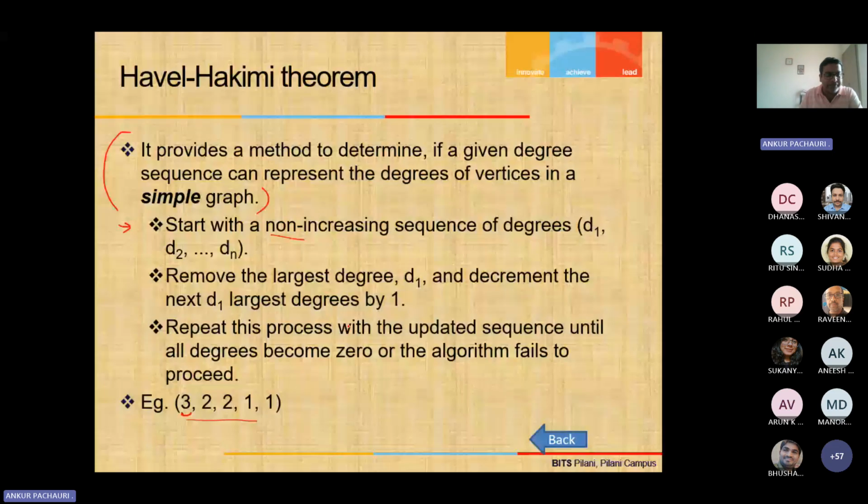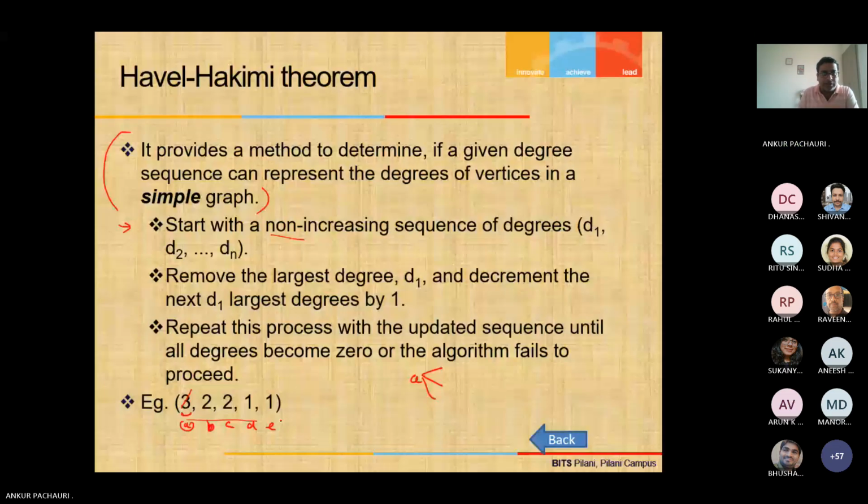So suppose if I have extracted out 3, I have drawn nodes A, B, C, D, E. If I have removed this, that means I'm working on a node with degree 3. So this node has a degree 3, meaning it is connected to 3 different nodes.